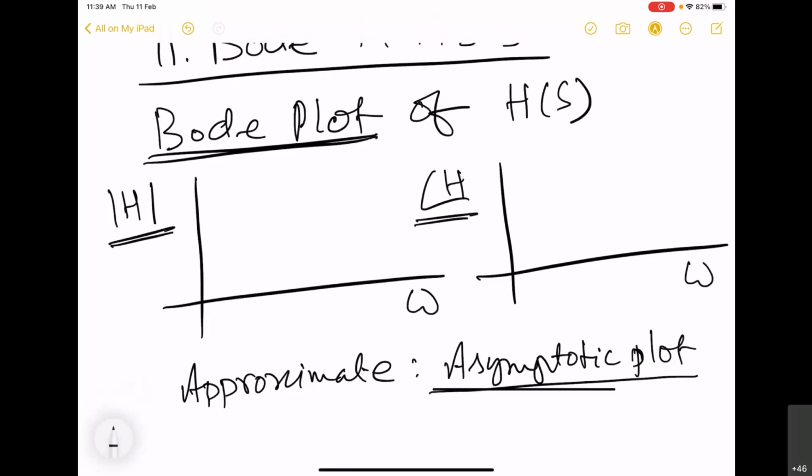That is why they are called asymptotic plots, and because they are asymptotic, these plots are going to be accurate only at the extreme values of omega, and typically the two extreme values are 0 and a very large value, infinity. But nevertheless it gives a very good idea of how the behavior of the circuit is going to change with frequency.